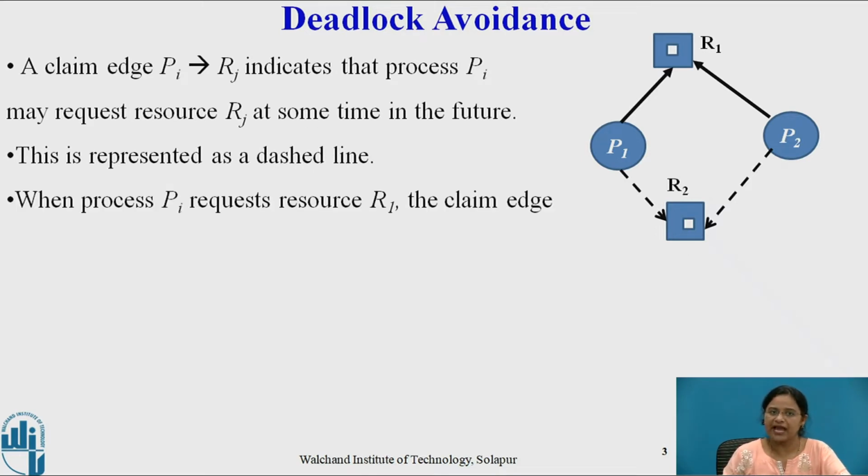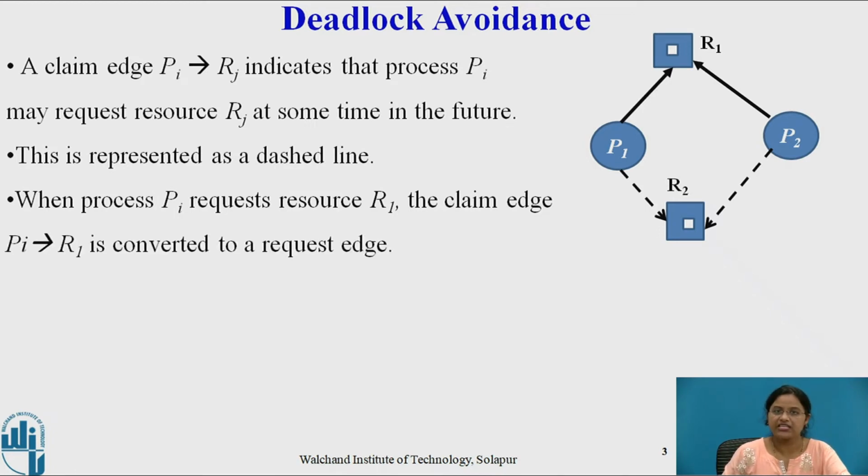When process Pi requests a resource Rj, then the claim edge Pi to Rj is converted to a request edge. So, this claim edge P1 to R2 is right now just a claim edge.